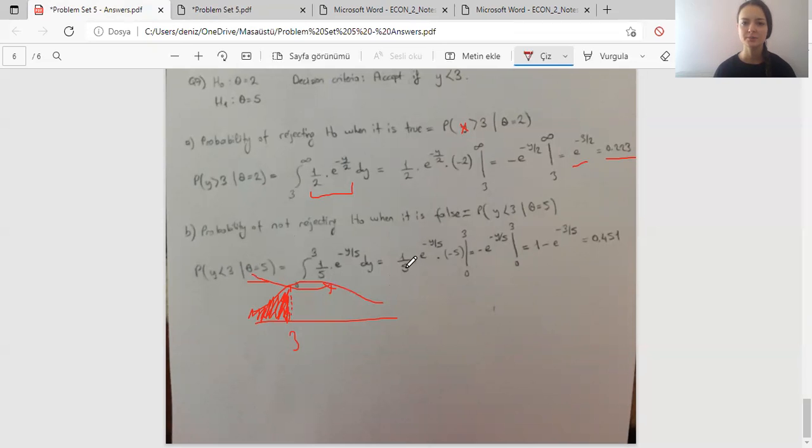The integral of e^(-y/5), with the 1/5 from the exponent coming to the numerator and canceling out, leaves a minus sign. Then we put in the values, and the probability of committing a type 2 error is 0.45 approximately.